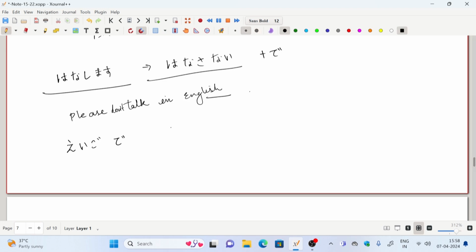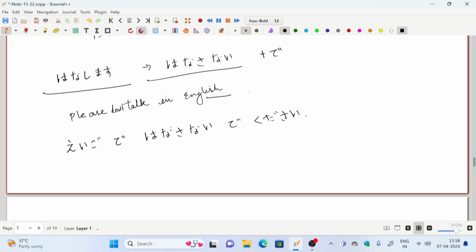Ego de hanasanai de kudasai. Please don't talk in English. Please talk in Japanese. Japanese language is Nihongo, a tool. The particle de will come.